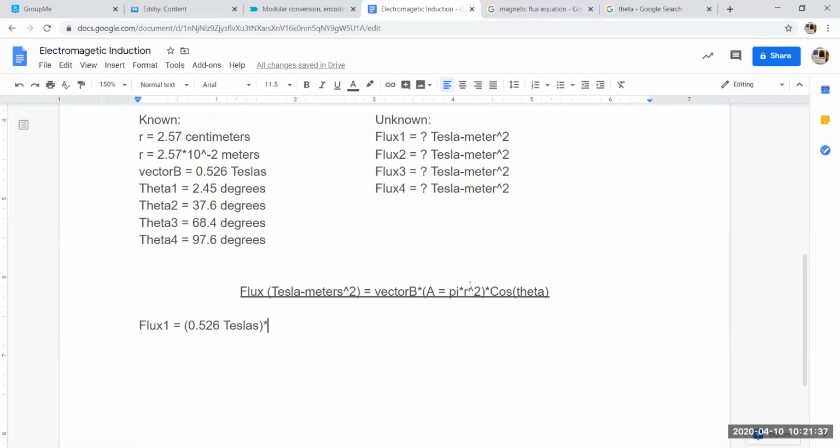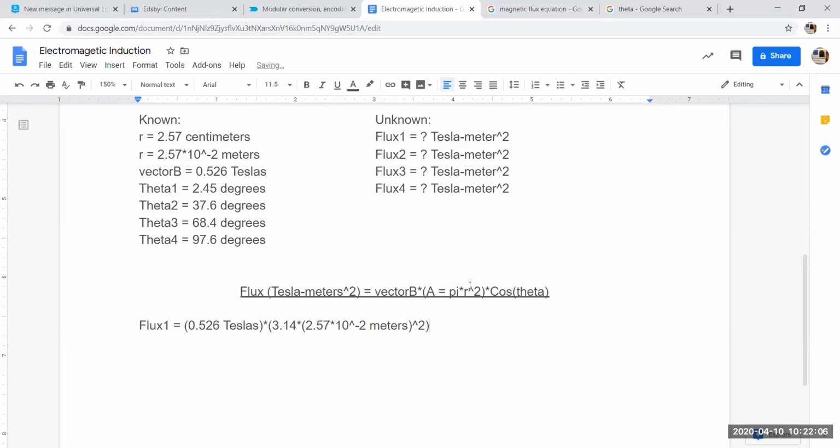So next we have our area, which is composed of pi. So let's put that together. That's 3.14 using that approximation multiplied by our radius, which we said was 2.57 times 10 raised to the -2, and this is in meters, which is going to ultimately be squared again.